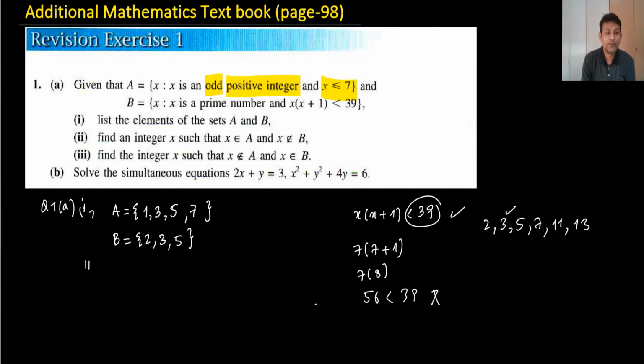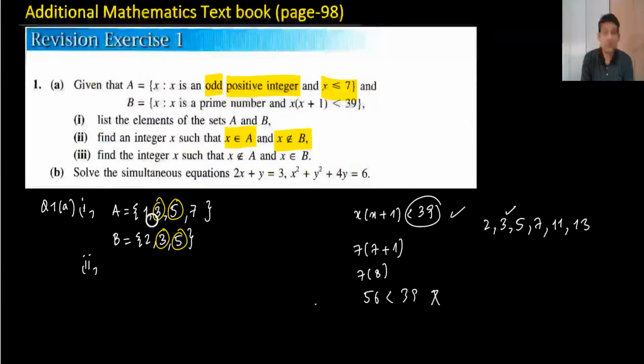The second part is: find an integer. Remember, what is an integer? Integers are never in decimal, they are always whole numbers. Please just keep that in your mind. So x is a member of A but not a member of B. First of all, we have to decide what the common elements are. 3 and 5 are the common elements.